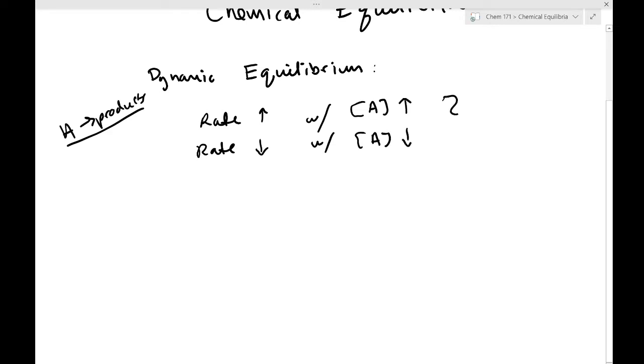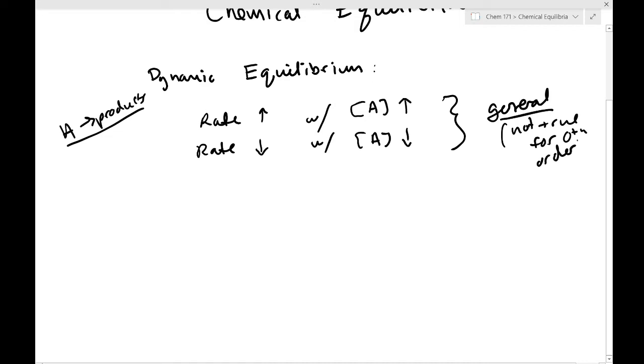Now this is a general statement. This is very general. And you'll notice that this is not true for zeroth order reactions. Zeroth order, if you remember, only depends on the rate constant.